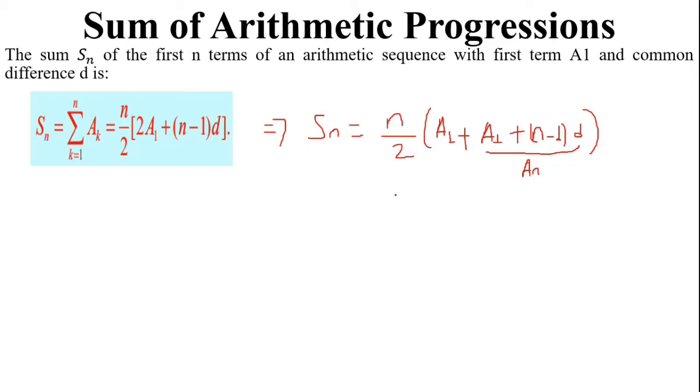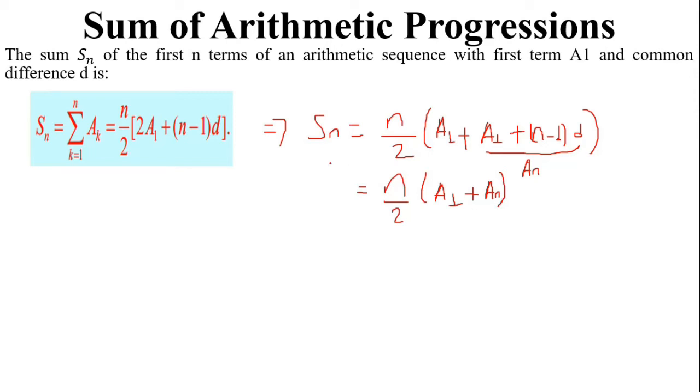So the sum of n terms of an arithmetic sequence can be rewritten as n over 2 times a1 plus the final term an. As you see, we have two formulas for evaluating the sum of an arithmetic sequence.